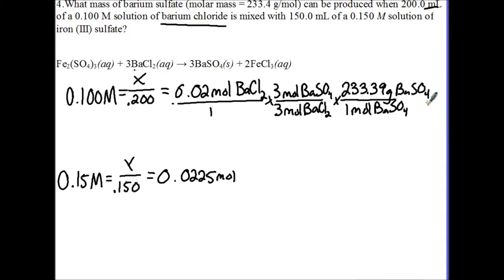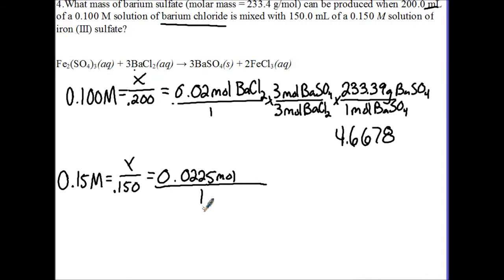Okay, so when we multiply 0.02 times 3 times 233.39 and then divide by 3, you get 4.6678, and then we're going to finish this stoich before we determine if that is the smaller amount.